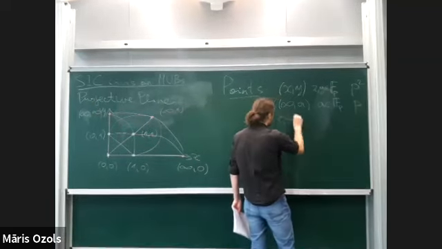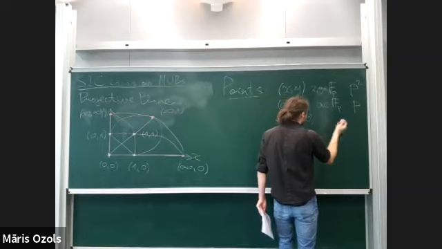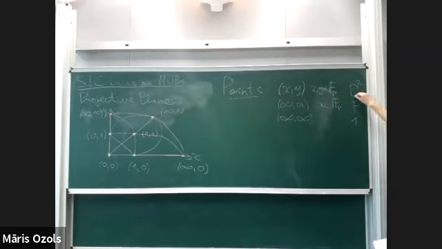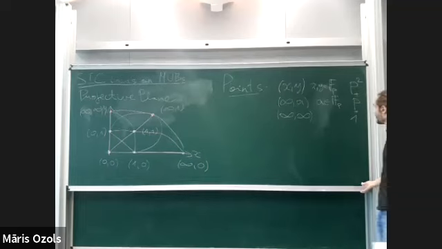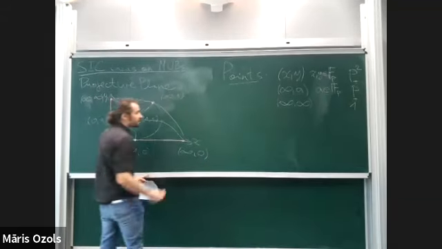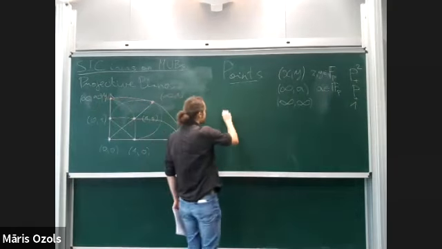I'll call this point infinity, infinity. And there's just one point like this. Okay? So now in total, the number of points is going to be p squared plus p plus 1. And yeah, so these are all the points. Okay, so now let's write down the lines.